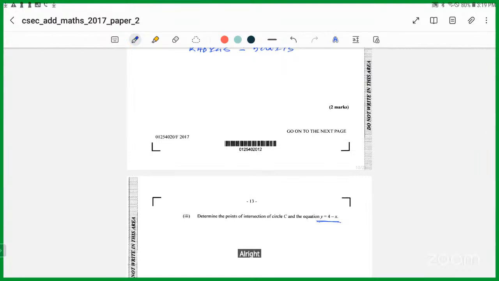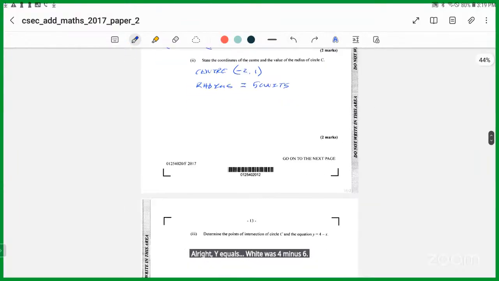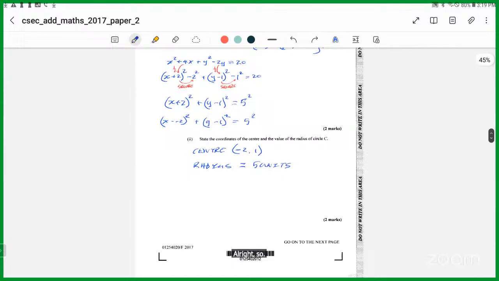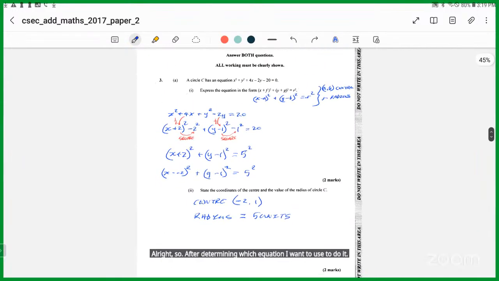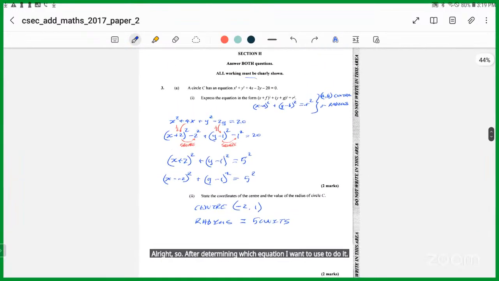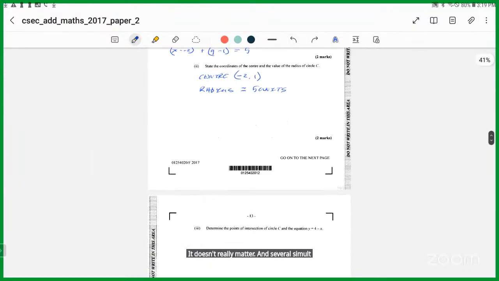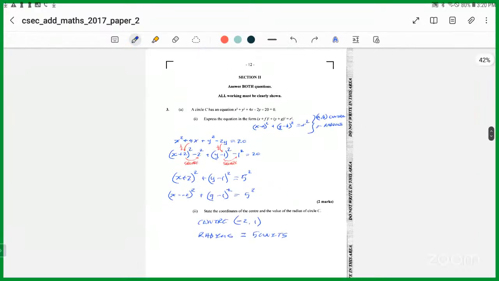The line is y equals 4 minus x. We have to determine which equation to use. You can just use this equation, it doesn't really matter, and solve it simultaneously with this line to get a point of intersection. We don't have to use this format to do it.